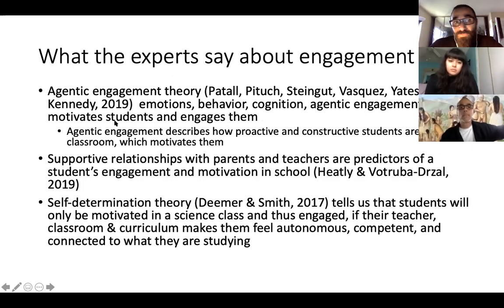And they're saying that's what really motivates and engages them. And they define agentic engagement as how proactive and constructive students are in the classroom, and that in turn motivates them. But then I also found that Heatley and Yotruba Durzel said that it's relationships with parents, with teachers, that truly are what engage and motivate students in the school.